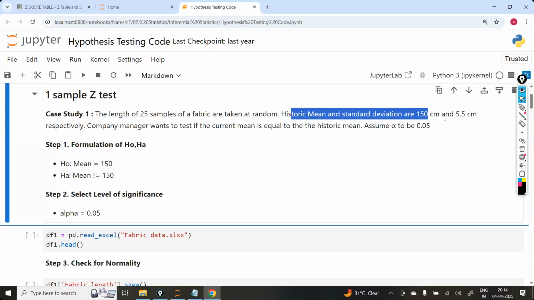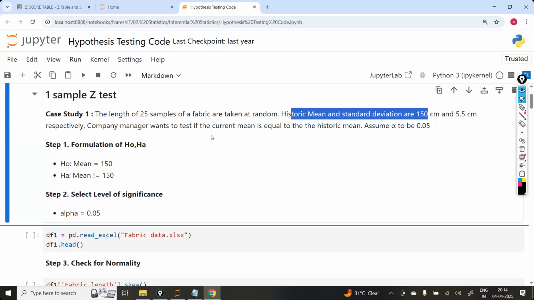Overall mean is 150 and standard deviation 5.5 centimeters respectively. And this was done by the company manager. If it is done by the inspector, he requires minimum 150. More than that is also not a problem. Customer also requires minimum 150.